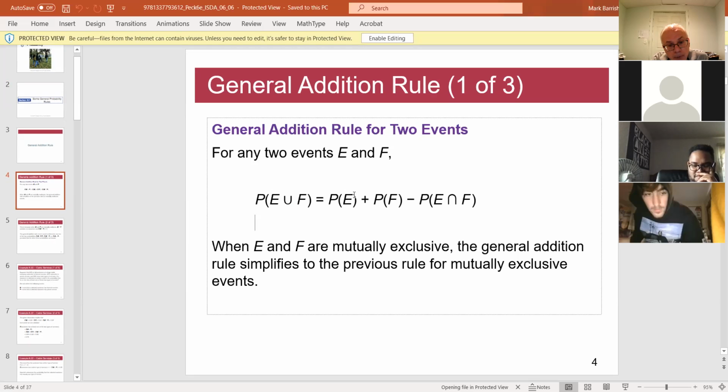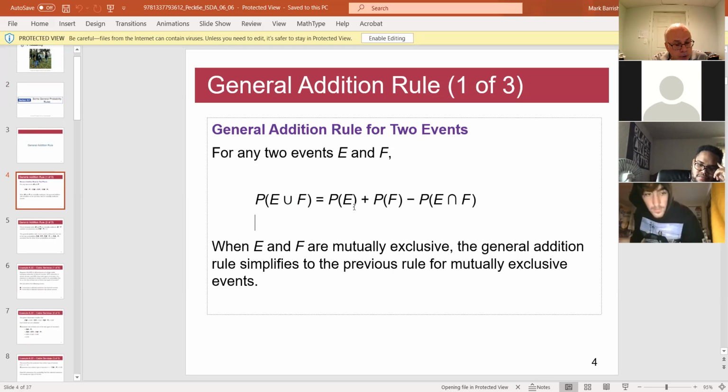So that means that when we calculate the probability of the event E, it includes the possibility that E and F occur simultaneously. Same thing with the probability of F. That would include the possibility that they're occurring together, E and F. So when we add the probability of E and the probability of F together, we're double counting the possibility of them occurring simultaneously.